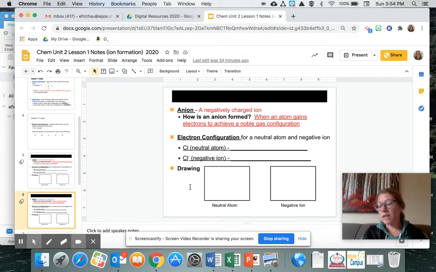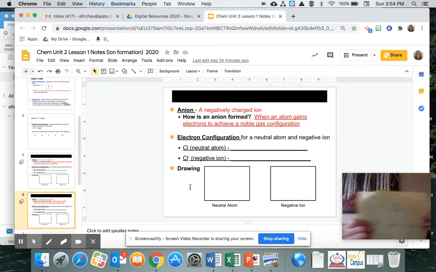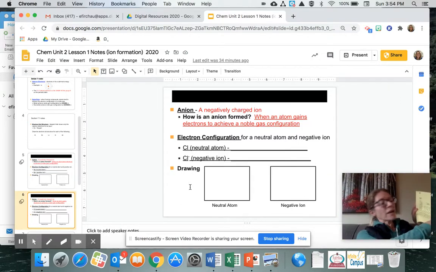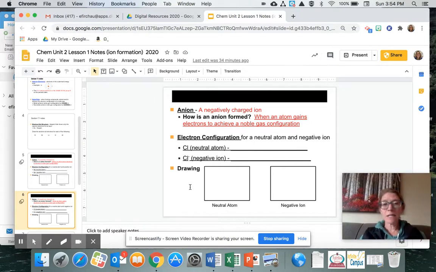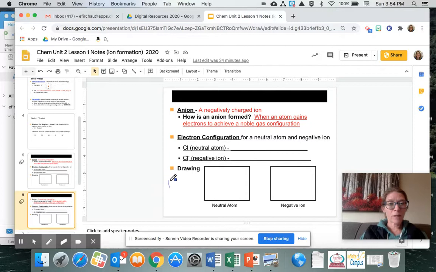So if we look at chlorine, on the periodic table, chlorine is over here on the right. It has 17 protons, which means as a neutral atom, it would also have 17 electrons.